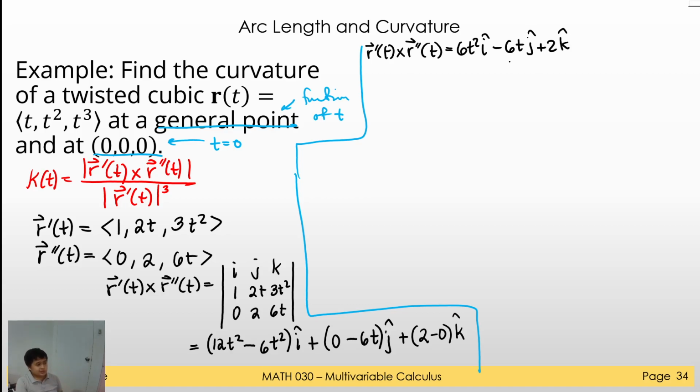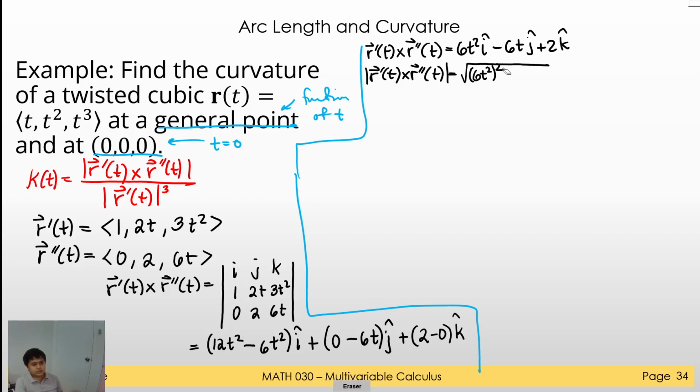So what's next? We want to find the length of your cross product. To find it, we take the square root of the sum of the squares of each of the vector coordinates.